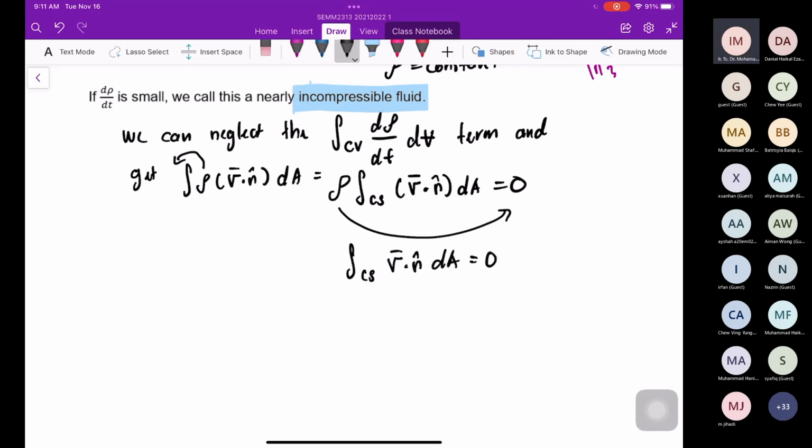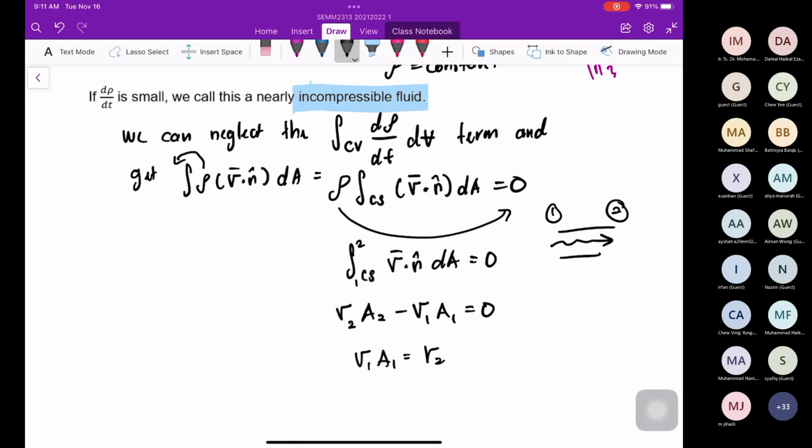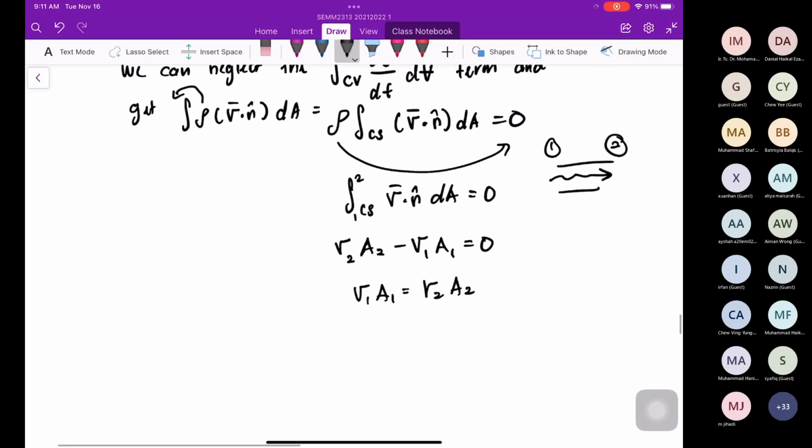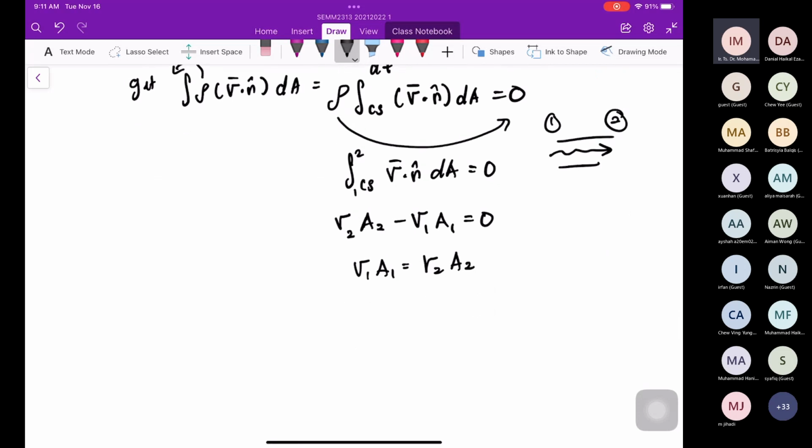If we have one inlet and one outlet, consider this is point 1 and point 2. So V2 A2 minus V1 A1 equals 0. So V1 A1 equals V2 A2.